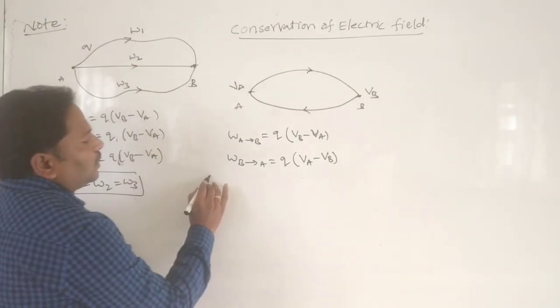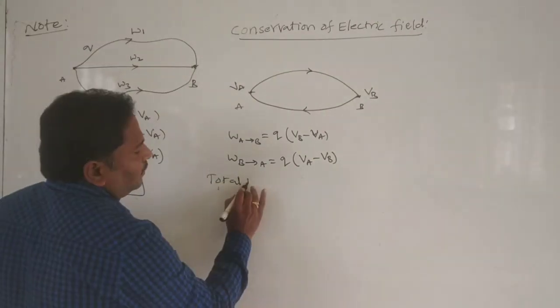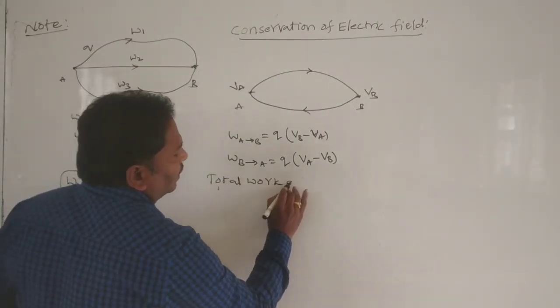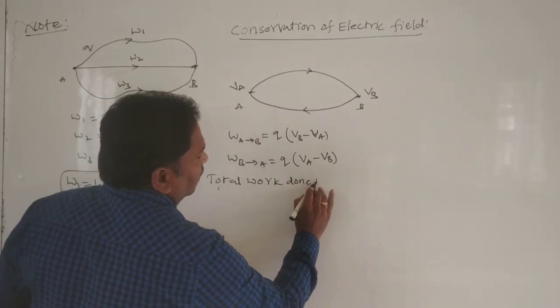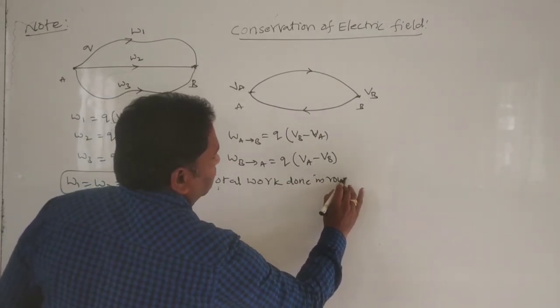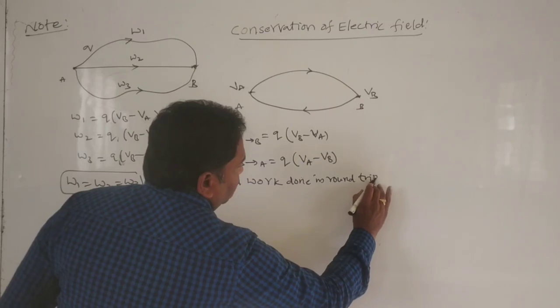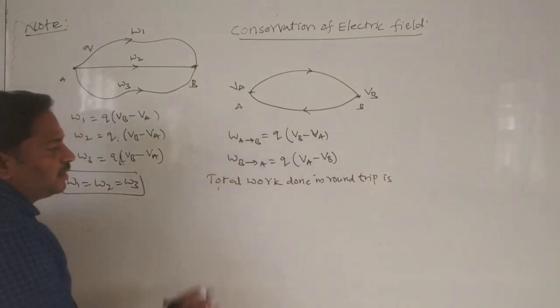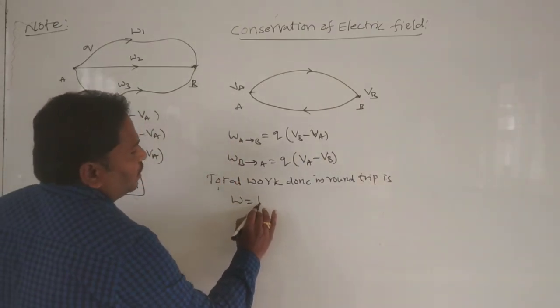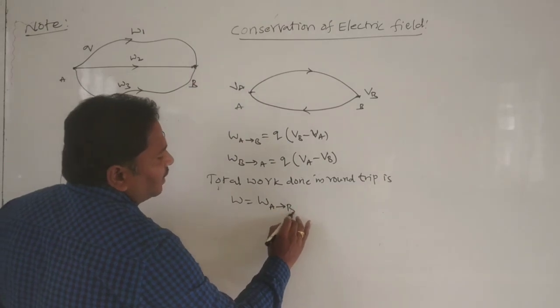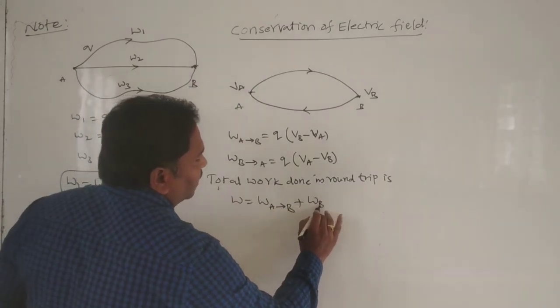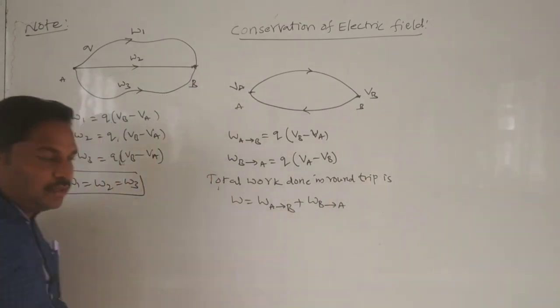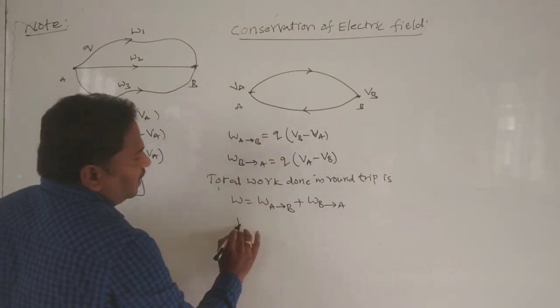Now what is the total work done in a round trip? Work done is equal to work done A to B plus work done B to A. What is the work done A to B?